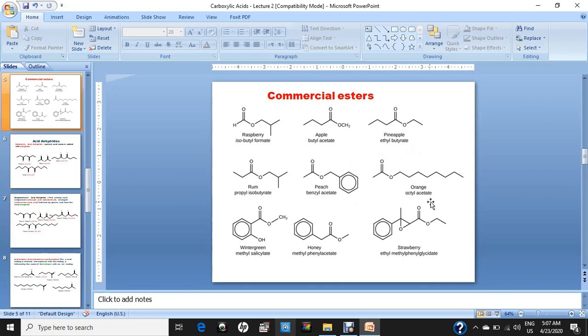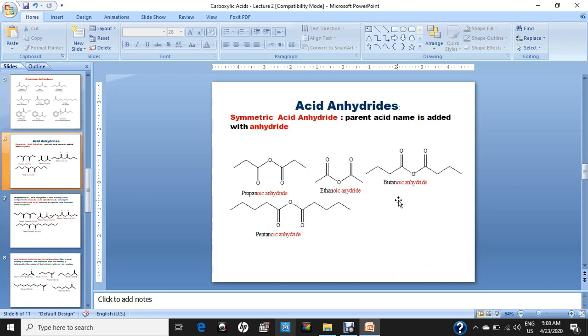Orange has ester. We have wintergreen, a pinkish red fruit like cherry: methyl salicylate. Honey: methyl phenyl acetate. Strawberry: ethyl methyl phenyl glycidate. So these are some commercial esters for your information.